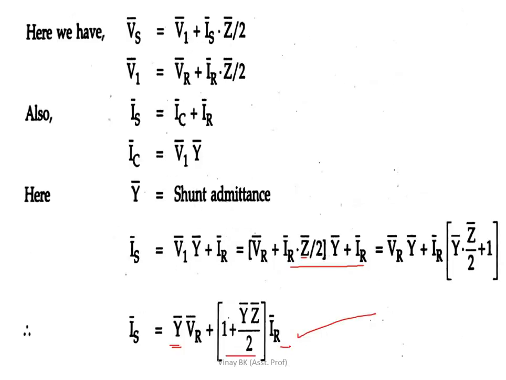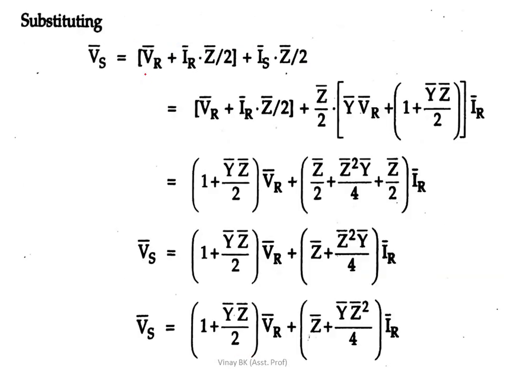VS we know is given by V1 plus IS into Z by 2. Substitute the value of V1, which is VR plus IR into Z by 2. So VR plus IR into Z by 2 plus IS into Z by 2.